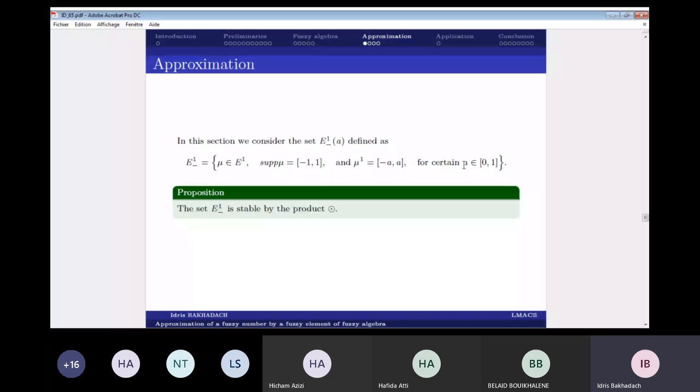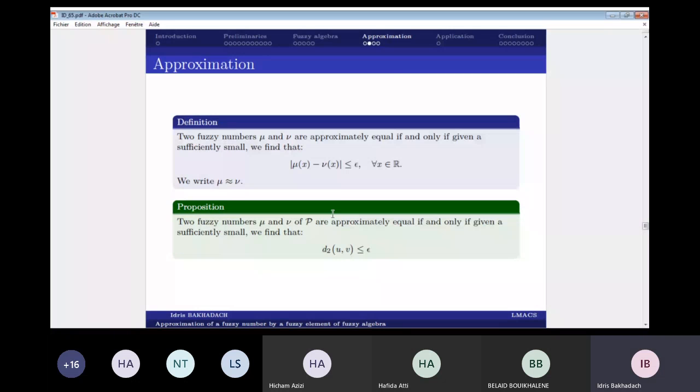We have the subset is stable by product, and for two fuzzy numbers U and nu, we say they are approximately equal if we have this property: mu x minus u x is less or equal epsilon for all epsilon, and we write u approximately equal mu.